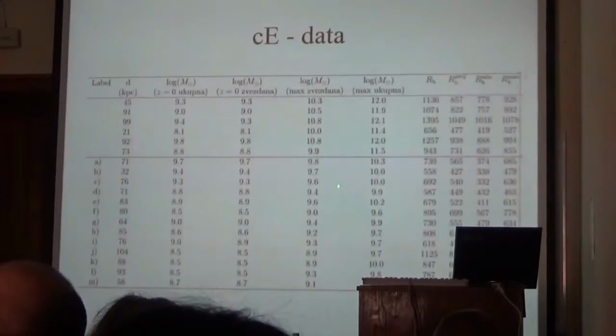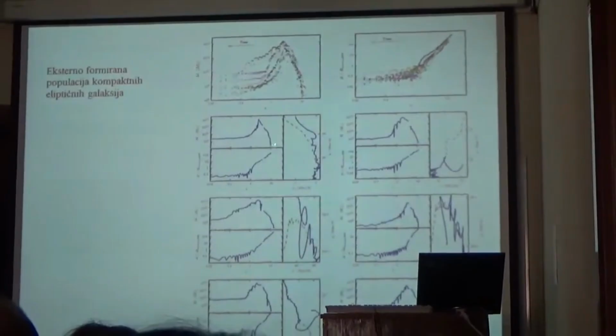On the other hand, we have these objects which were created inside the clusters. They received some tidal stripping, but it wasn't such a strain as before. So basically, this sums up what was happening.